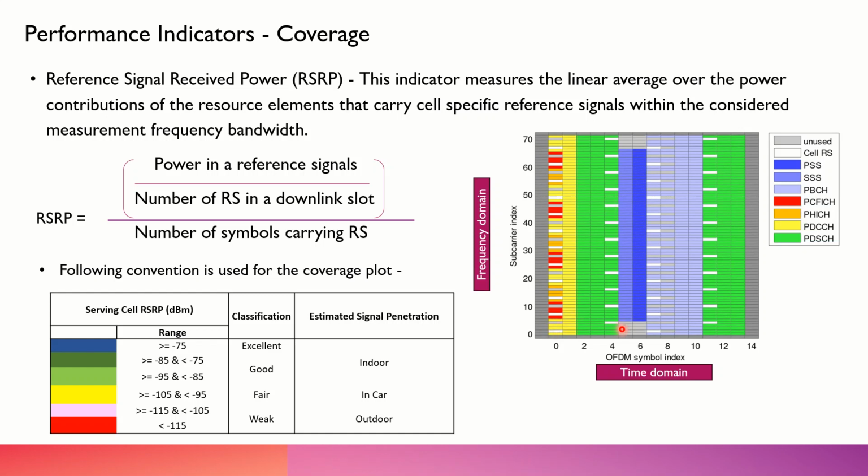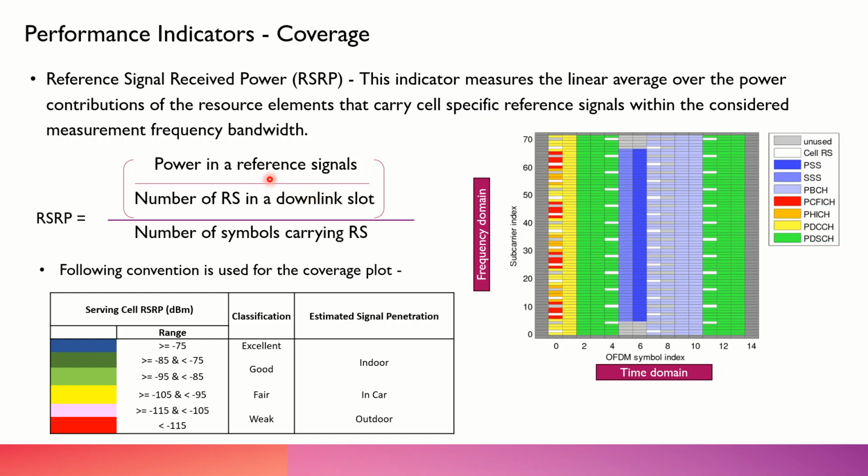Say, for example, whatever bandwidth we have, the resource elements belonging to these reference signals, with the power distributed over all of them combined, give the overall RSRP at the user end and determine the coverage.